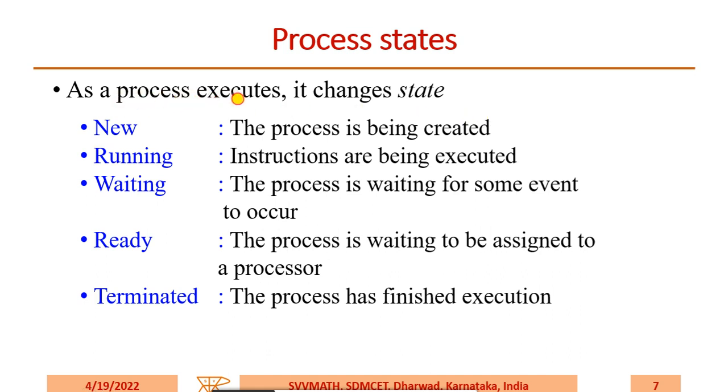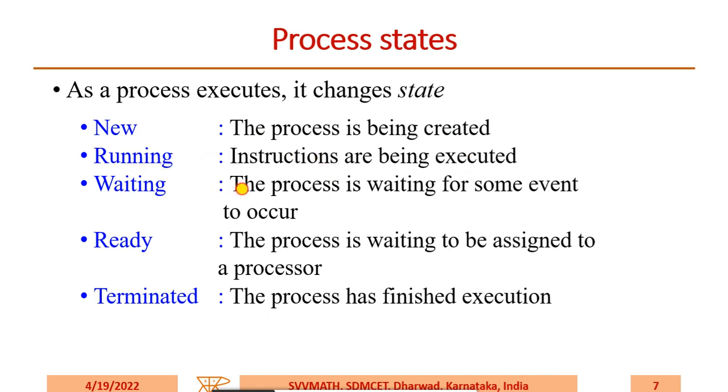As a process executes, it changes its state. For example, these are the states; take them one by one. New: a process is being created. Running: when instructions are being executed, the process is in the running state.